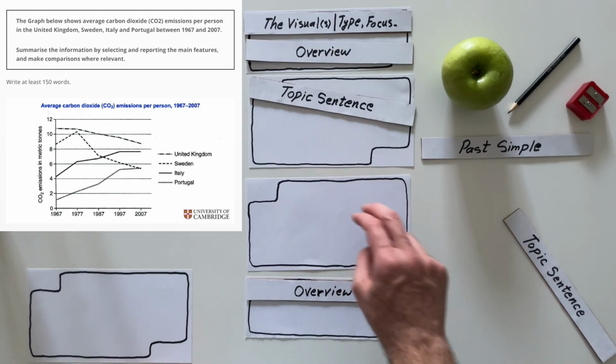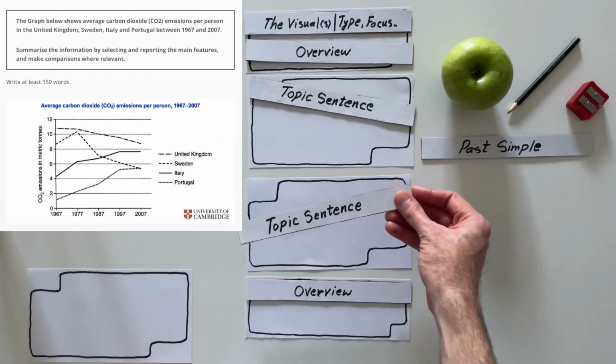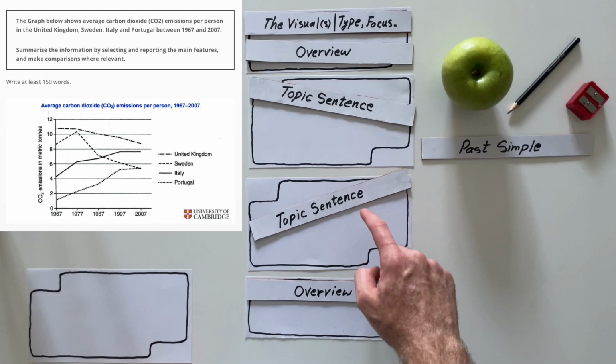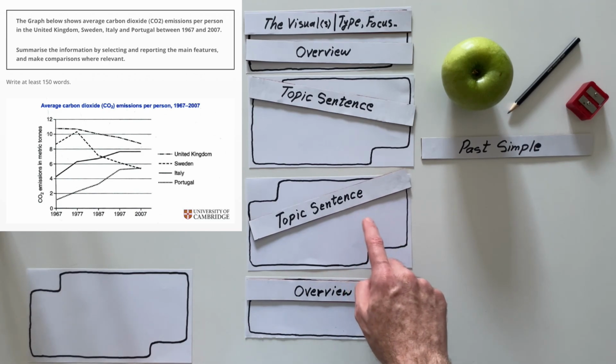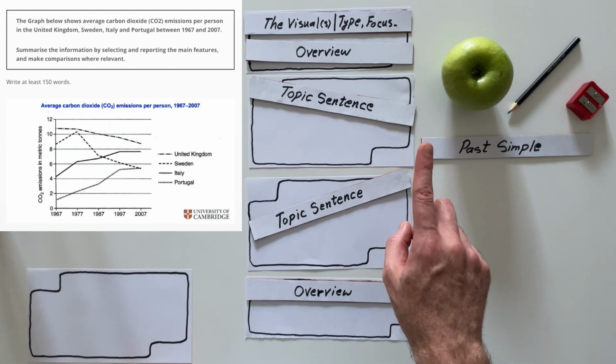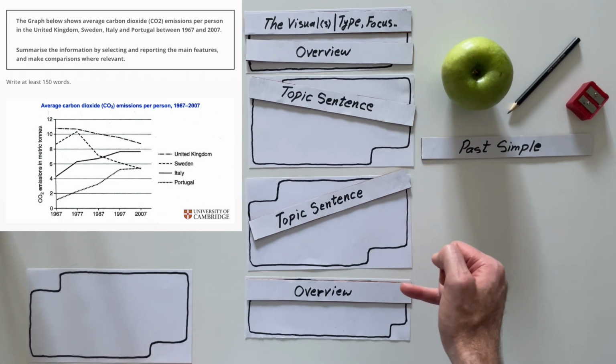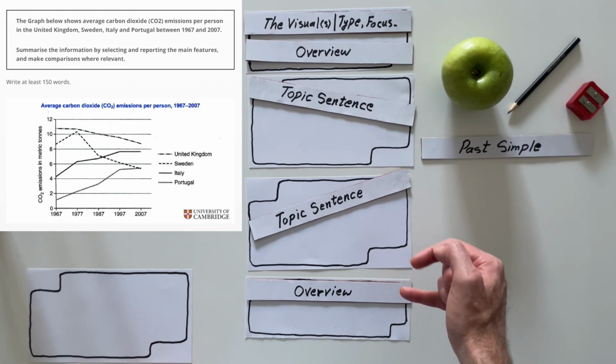In this paragraph, I am going to talk about the ones that had an upward trend. Which ones? Italy and Portugal. And the smart part was, when I analyzed it, my other paragraph is going to focus on Portugal.